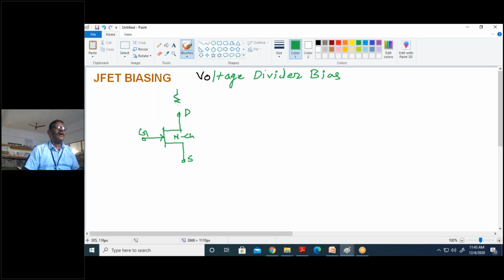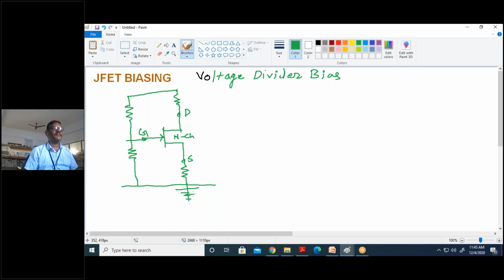So RD connected to drain and R1 connected from VDD to gate terminal and R2 connected from gate to ground. Here RS connected from source to ground.